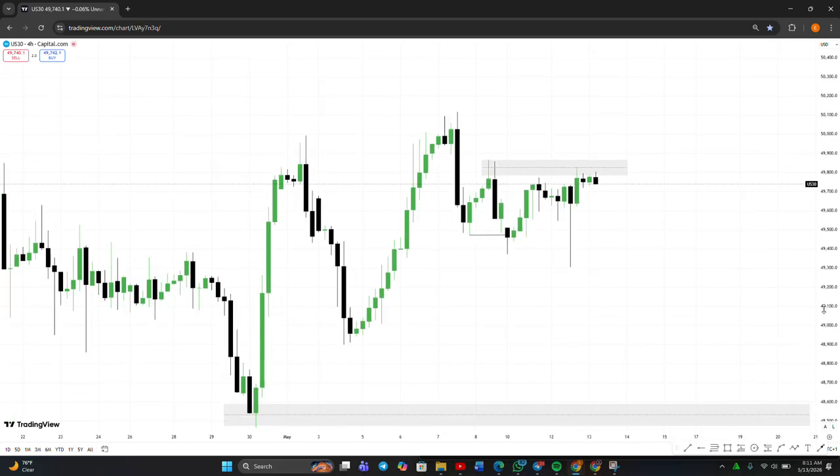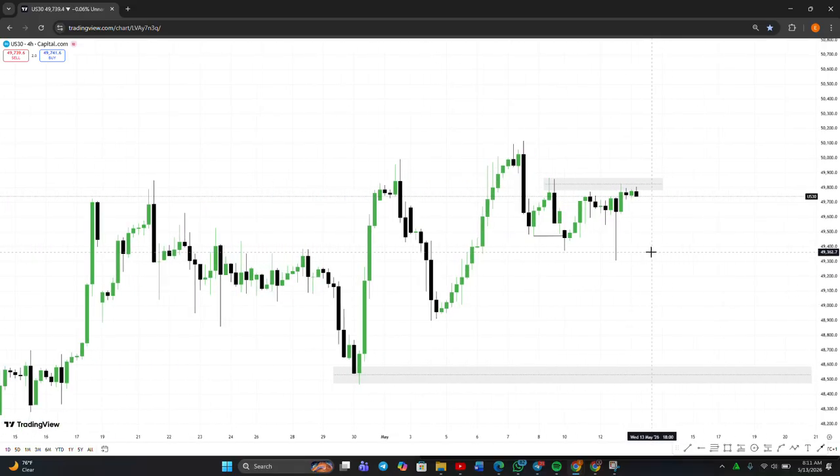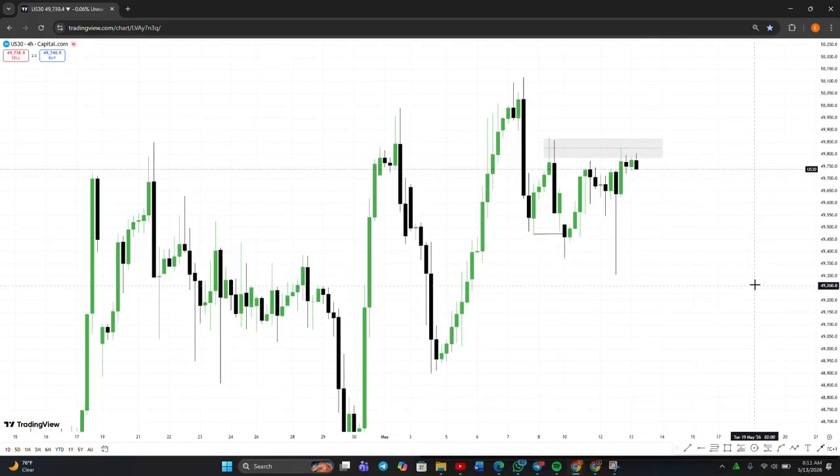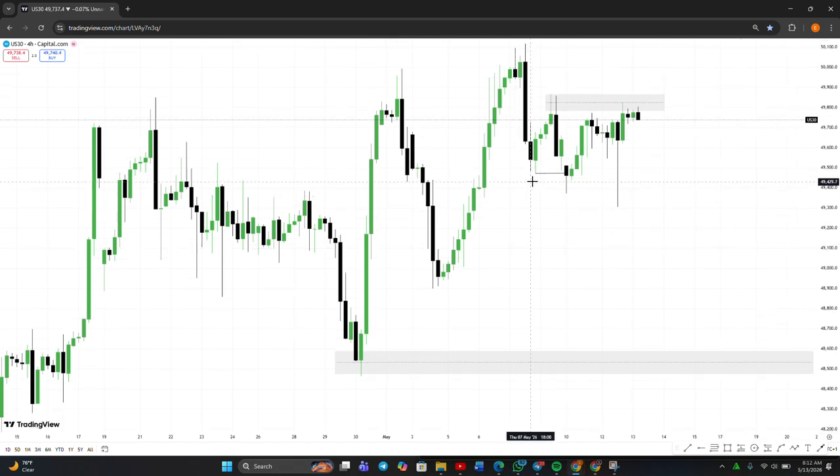I'm actually looking at two things here. First, I was looking at price after breaking this structure, buying up to this zone, and then retracing down, coming to clear out this zone, this key level.